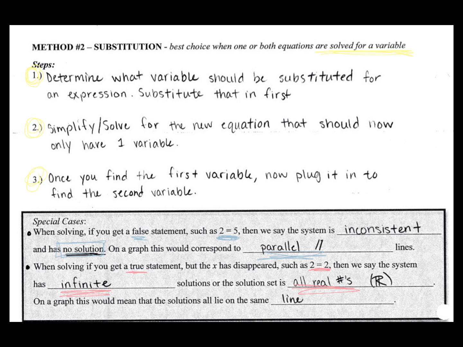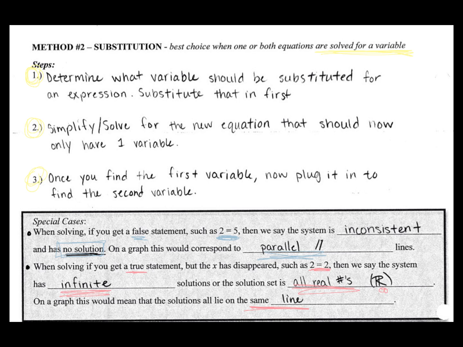That symbol there is just a symbol for all real numbers. On a graph, if they have multiple solutions that make both equations true, it's going to be the same line. The equations would be on top of each other.